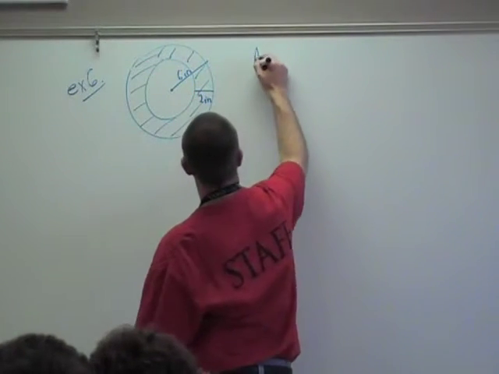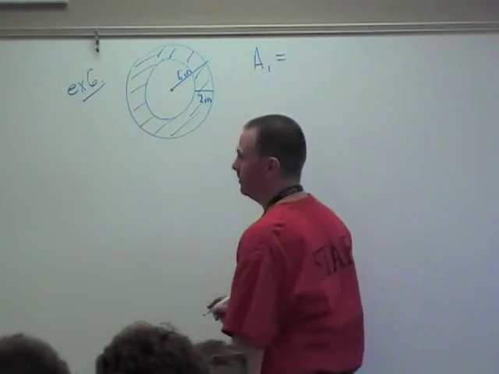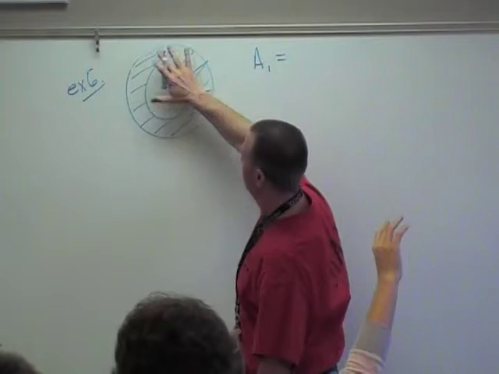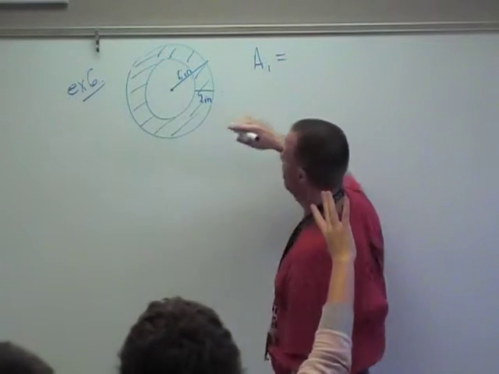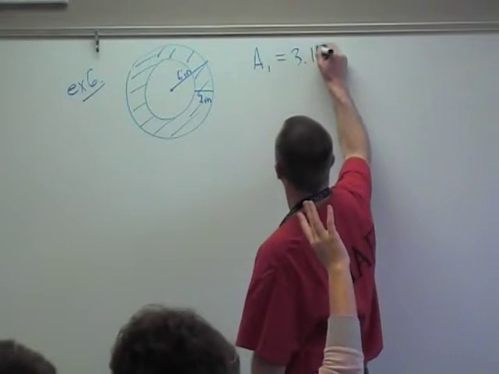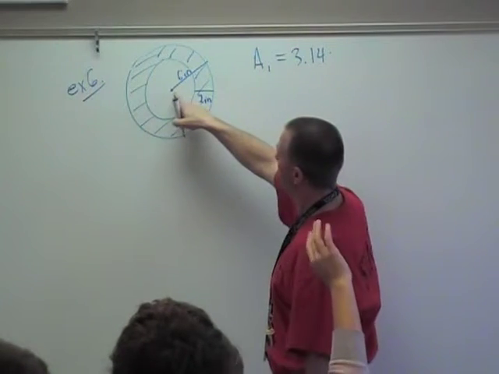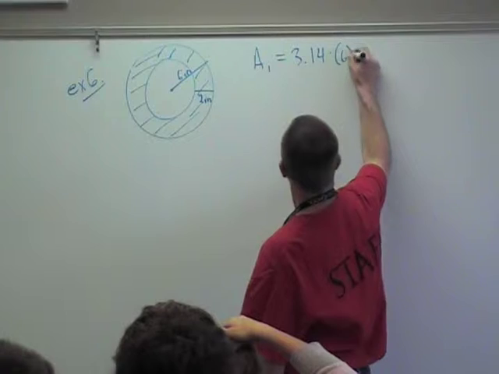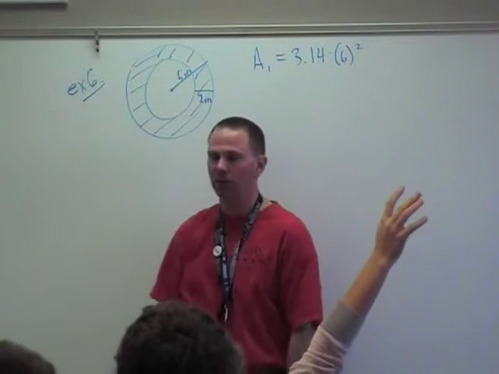So you need the area of the whole circle, we'll call it A sub 1, of the outer circle. That's going to be 3.14 times the radius squared. The radius of the bigger outside circle is 6 inches. So you have to square that, multiply by 3.14.